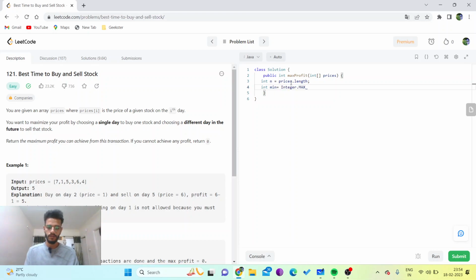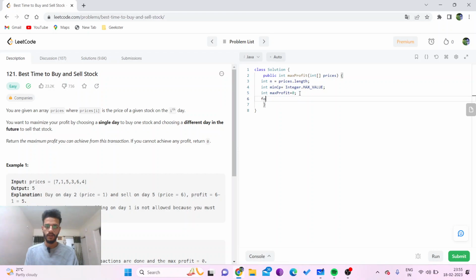This is a good practice: if you have to take any minimum, then take the maximum integer, the maximum limit. Then int maxProfit I'm taking as 0.